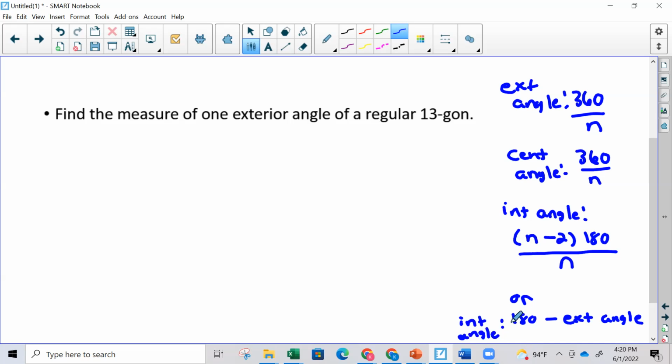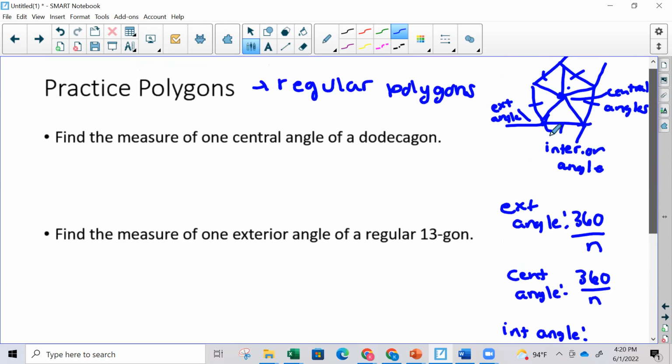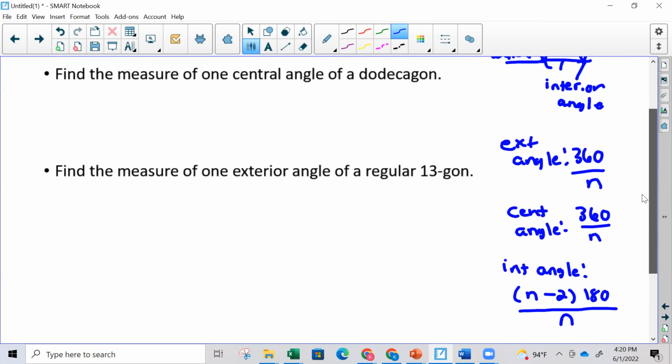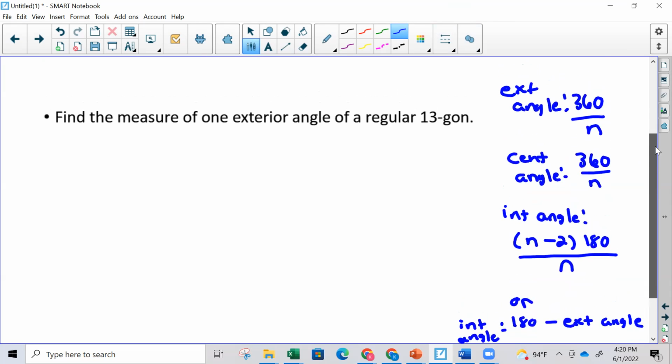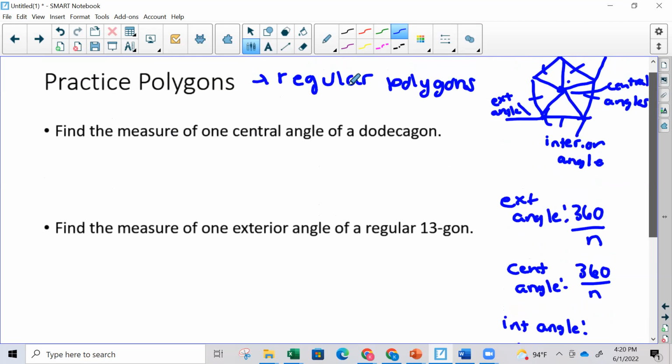As you see in the diagram, the interior and the exterior angle always form a straight angle, so they add up to 180. They're supplementary. So those are just a quick review of the formulas. We will go over them in class.